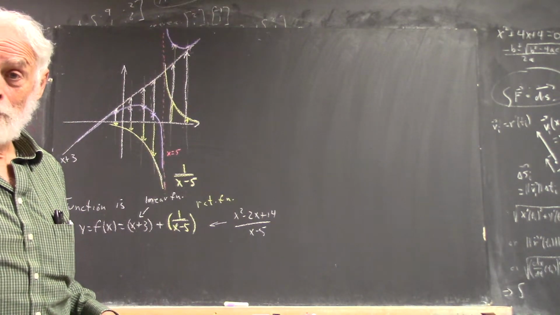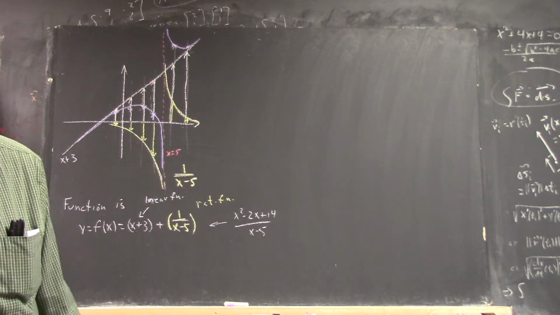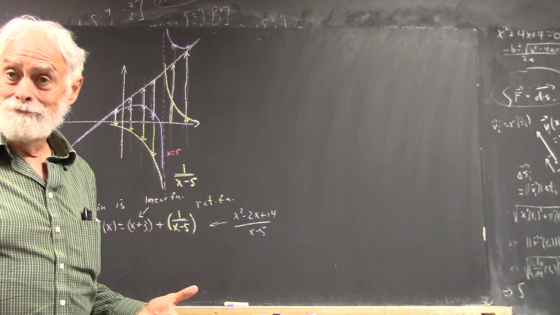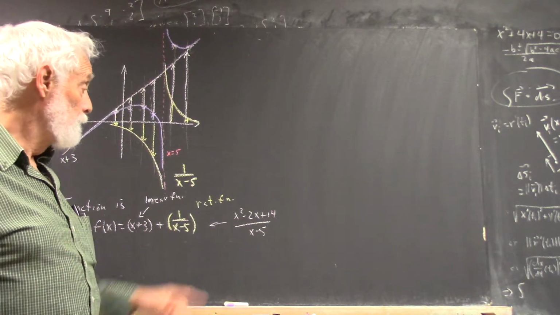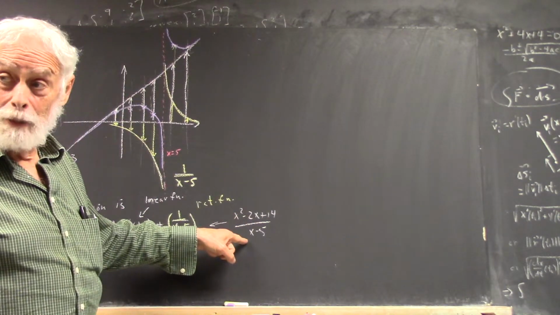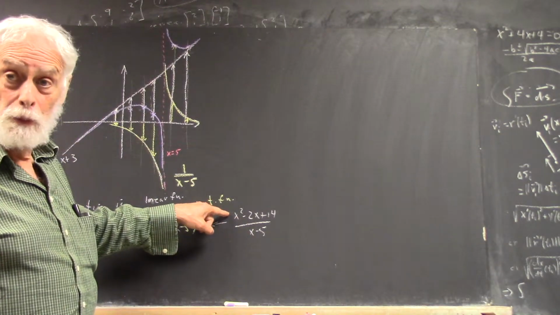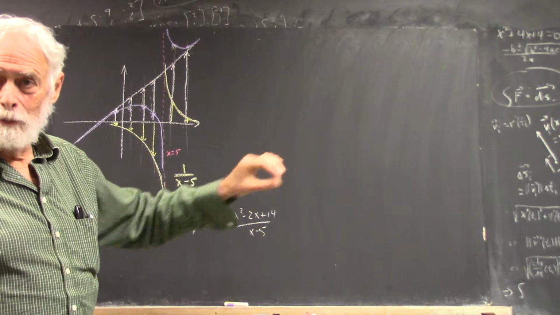Make sense? Then you understand slant asymptotes and you understand rational functions better, and you can pretty much graph any rational function. If it has a slant asymptote, you can find it. And you know that it occurs when the degree of the numerator is 1 greater than the degree of the denominator, because that means when you divide the denominator into the numerator, you're going to get an x, or a number times x.